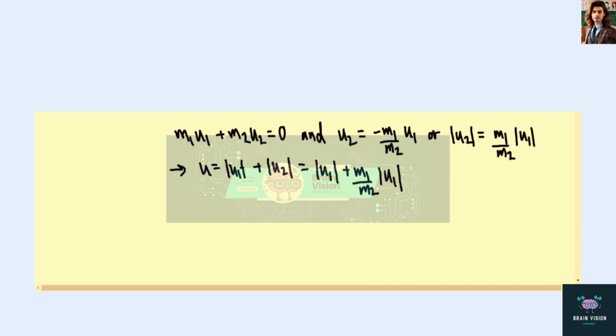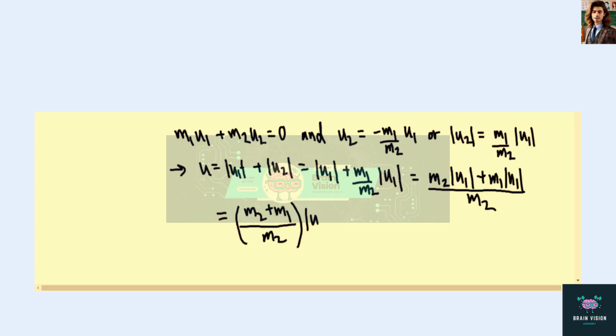And when you substitute in the magnitude of u2 in terms of the magnitude of u1, you get the following relation solely in terms of the magnitude u1, which can be rewritten in the following way.